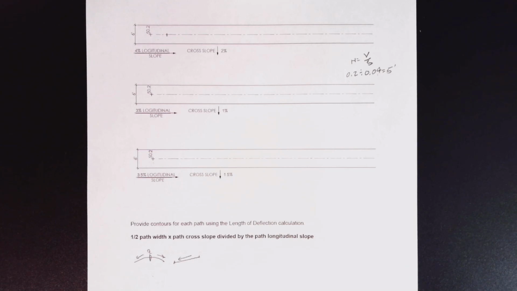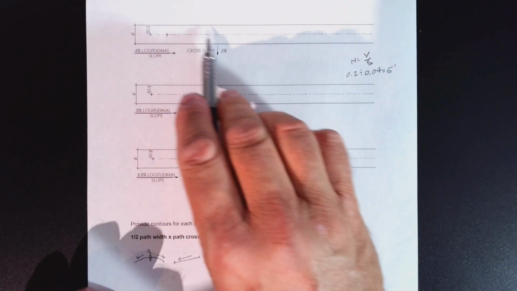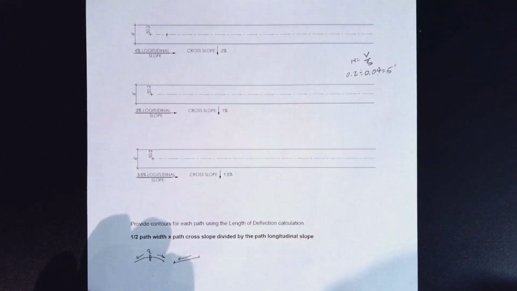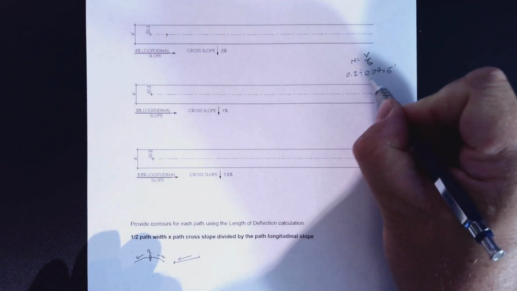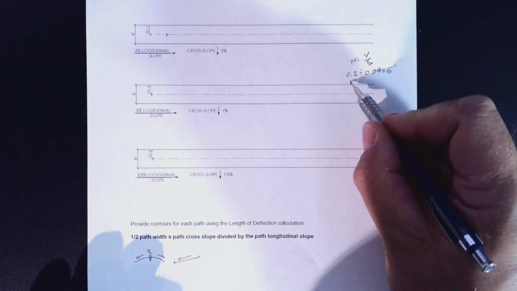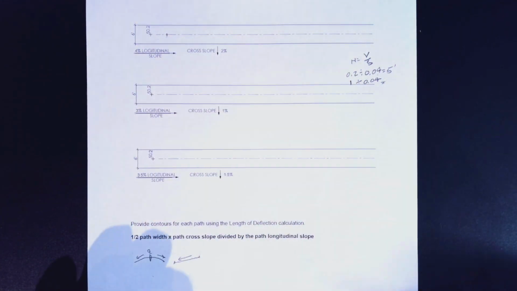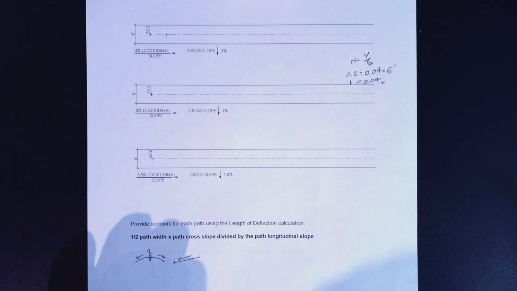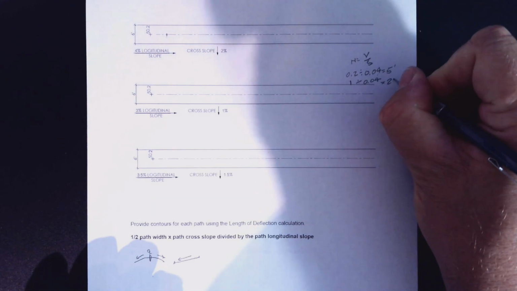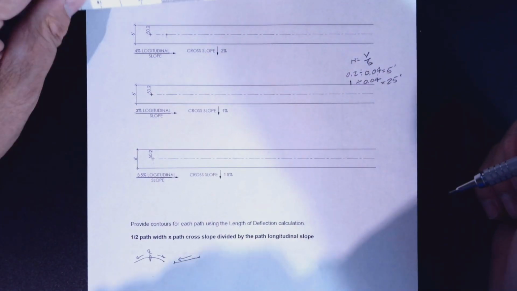Next, we need to know, now we're going to drop a foot, right? This is contour 50, so we've got to get to 49. We're going downhill. So instead of 0.2 divided by 0.04, it's 1 foot. Now we're going 1 foot vertically divided by 0.04 or 4%, and that equals 1 divided by 0.04, 25. So every 1 foot contour is 25 feet apart.